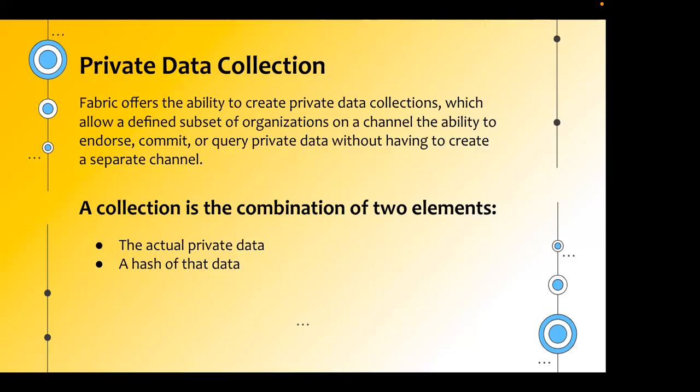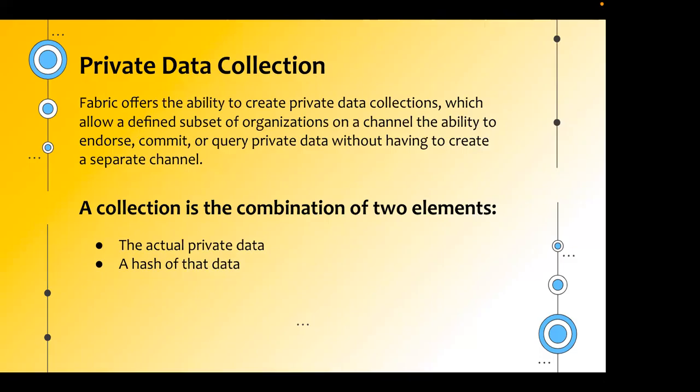On the same channel you can do the transactions, but those transactions will be visible only to those peers who are part of the private data. Other peers will not see that data. That is the main objective of the private data collection.